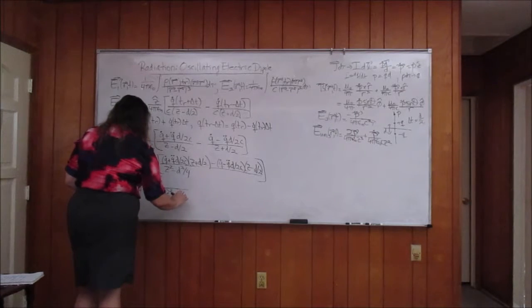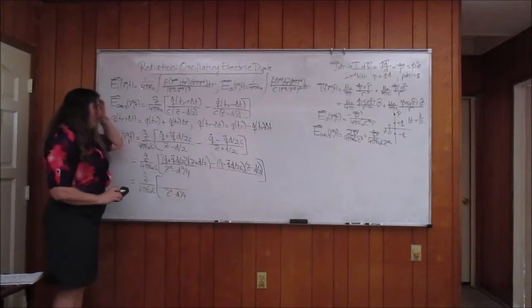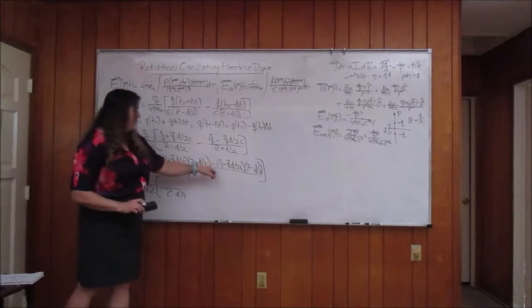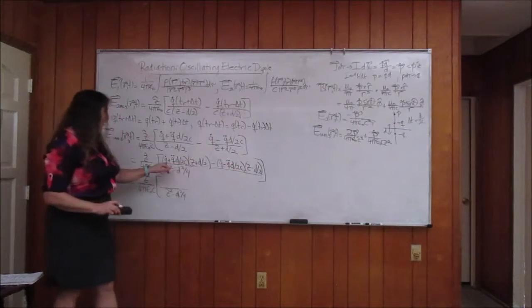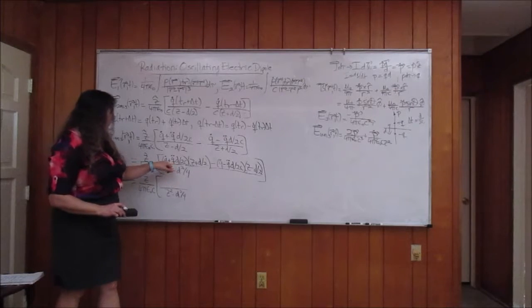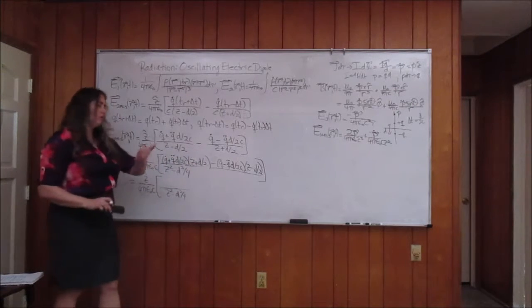We look at the q dot terms, q dot times z minus q dot times d, that cancels out. What survives? Q dot times d over 2. We've got 2 of those.